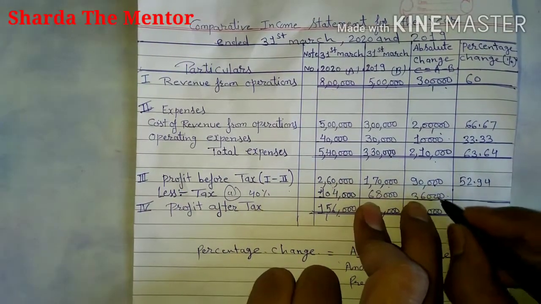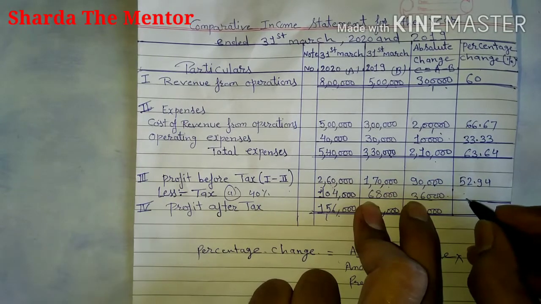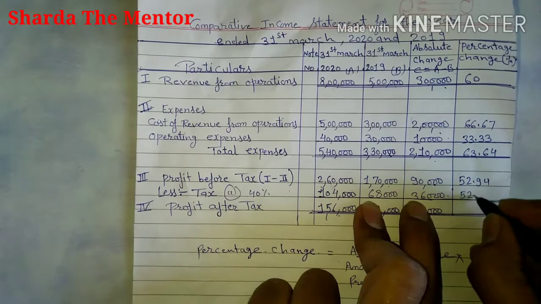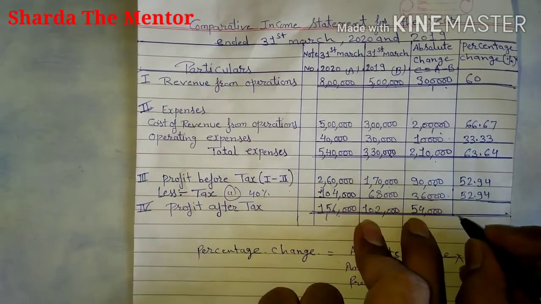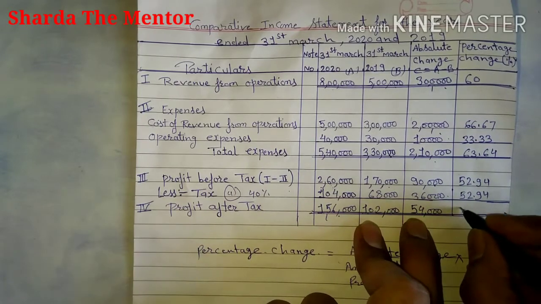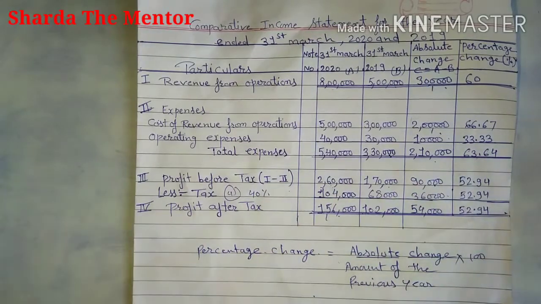In the same way, 36,000 divided by 68,000, with the help of a calculator you can easily find 52.94. And in the same way, the last one, 54,000 divided by 1,02,000, that value is also 52.94. So with the help of that you can find it out.